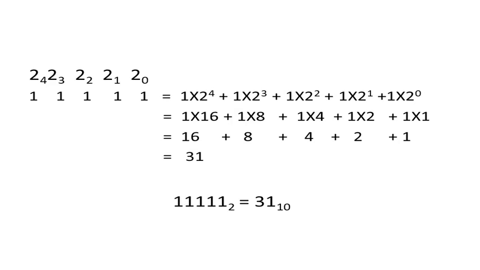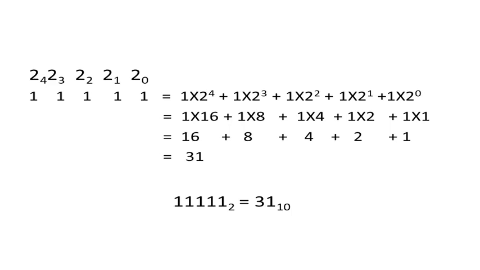Here is another number, 11111, converted into decimal format. Here we put place values: 1 multiplied by 2 to the power 4 plus 1 multiplied by 2 to the power 3 plus 1 multiplied by 2 to the power 2 plus 1 multiplied by 2 to the power 1 plus 1 multiplied by 2 to the power 0.